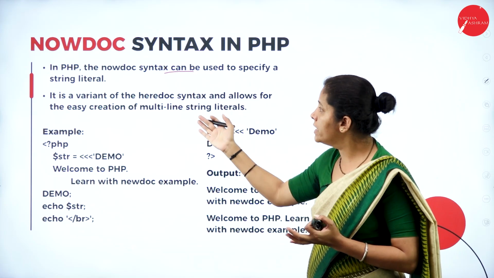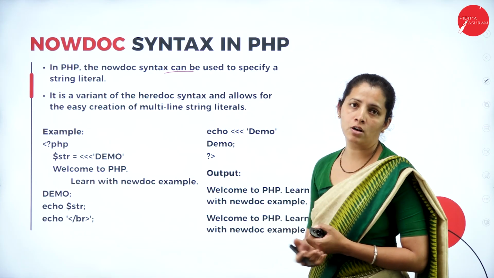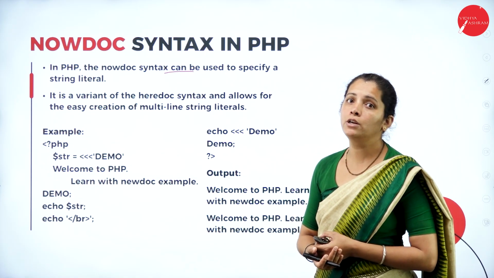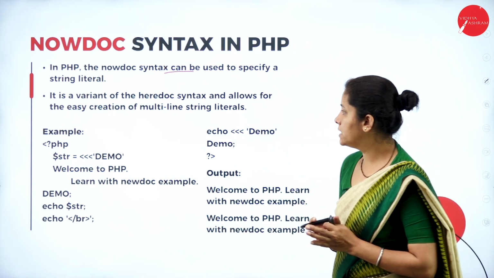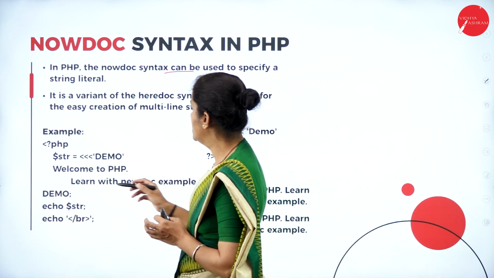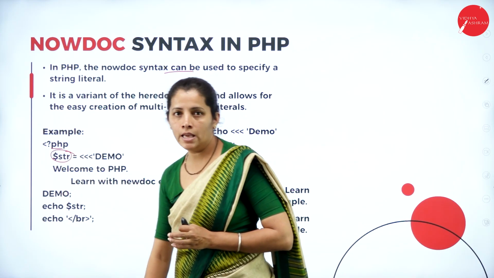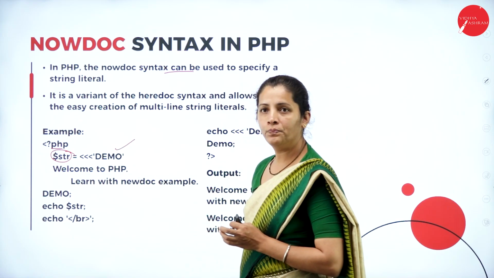Because we already have heredoc, why do I want nowdoc? Because nowdoc is a very easy way to represent multi-line string literals. Here I have the variable str and I'm assigning demo.